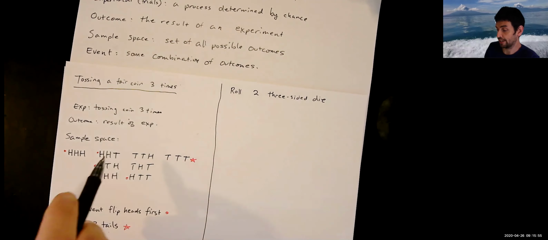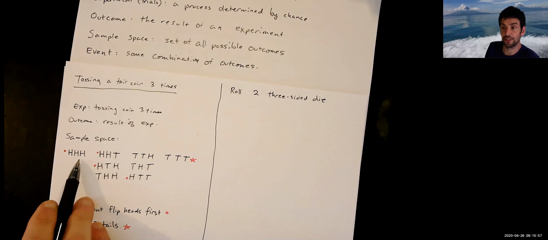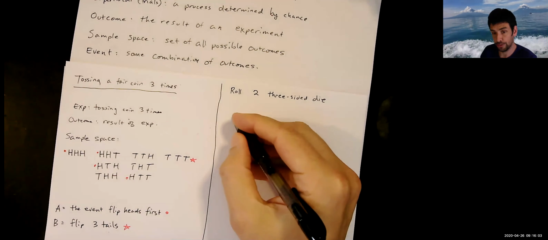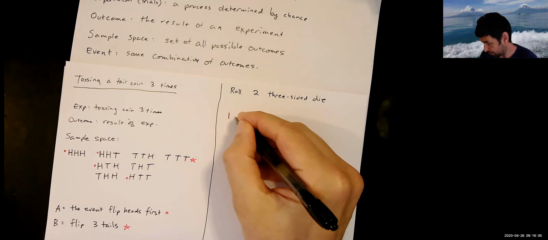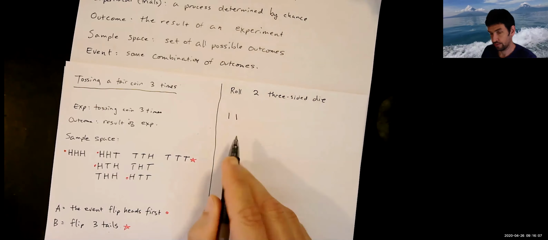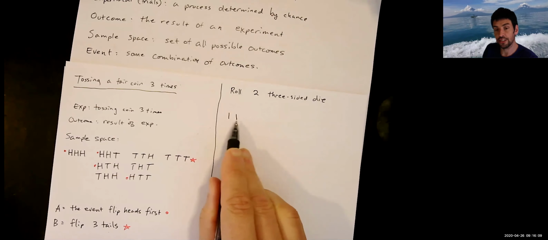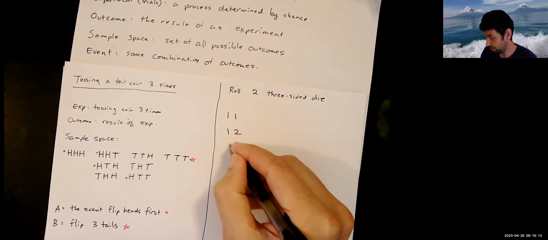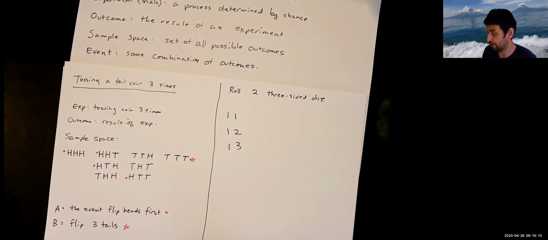Just like before, the sample space is the total outcome of the experiment. When I roll 2 dice, I'm going to get 2 numbers. I'm just writing what's on each die. So I roll a 1 and a 1, a 1 and a 2, a 1 and a 3.